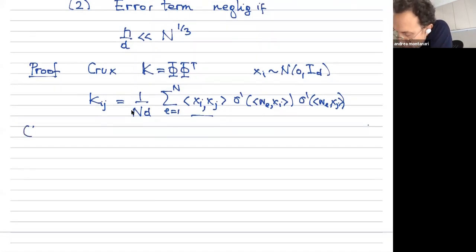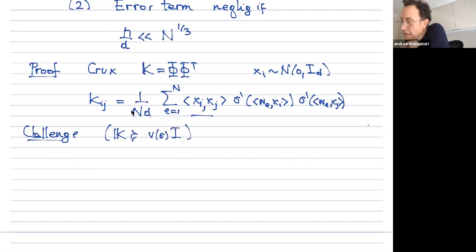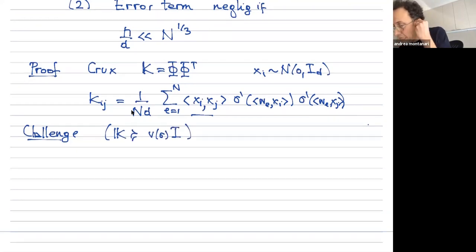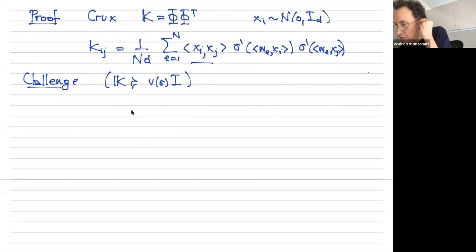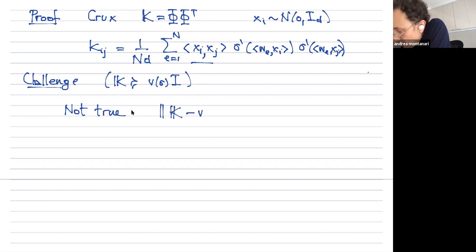One challenge is that we want to prove that this is basically bigger than V of sigma times I. One might want to try some concentration bound, but it's not true that K minus any constant v times I is much smaller than v.